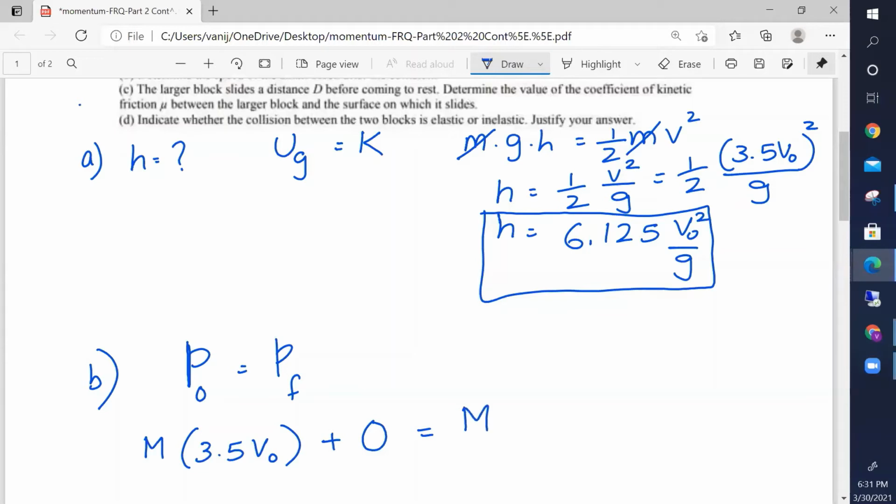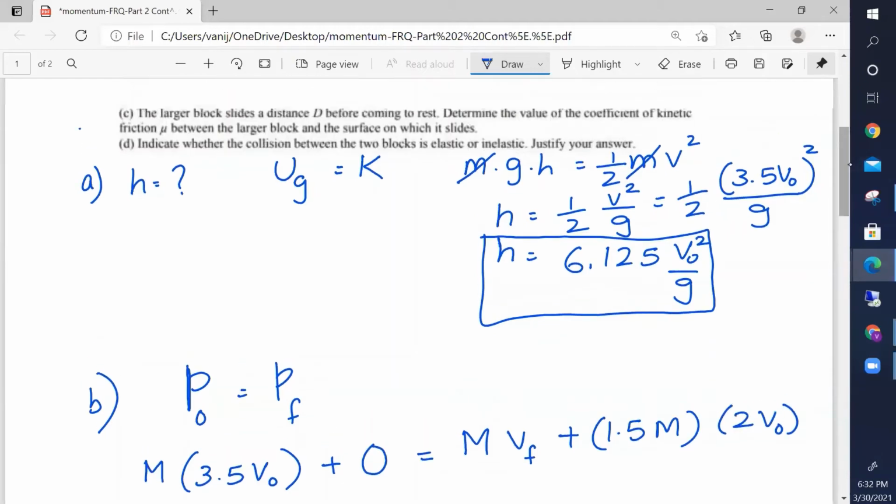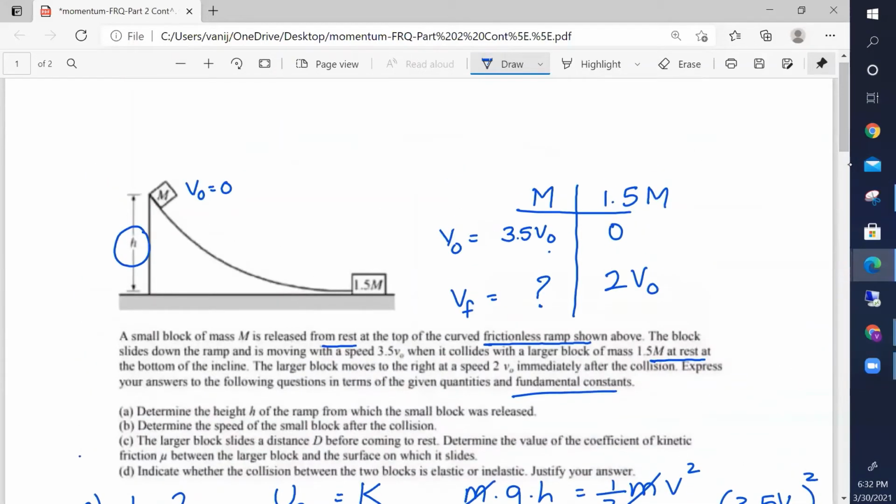So it's going to be m times, I do not know the final velocity of this mass, so I'm going to leave it as Vf, plus 1.5 m times the final velocity of 1.5 m, which is 2 v naught, because that's what you see here.